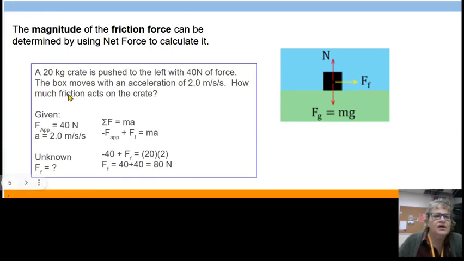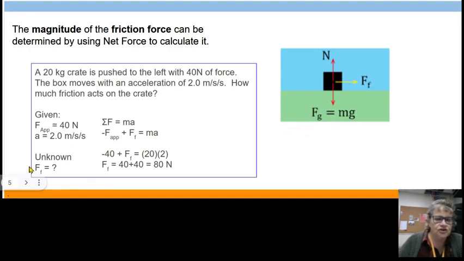The box moves with an acceleration of 2 meters per second squared. How much friction acts on the crate? We're given that the applied force is 40 newtons to the left, and that the acceleration is 2 meters per second squared.